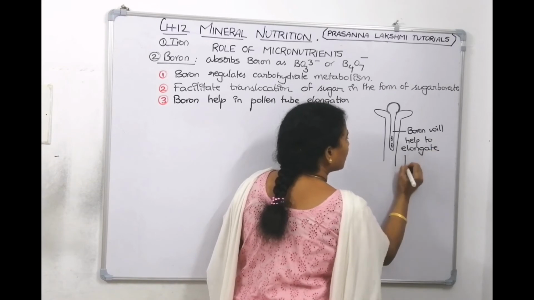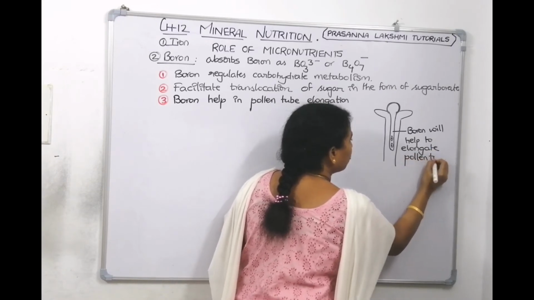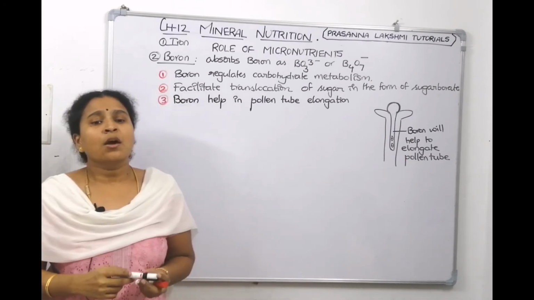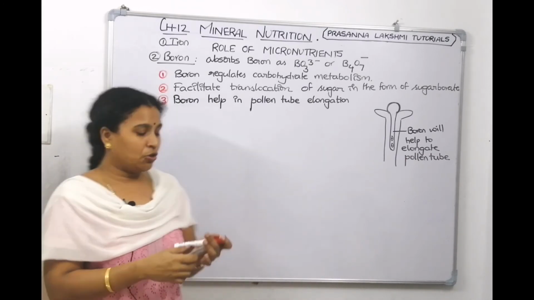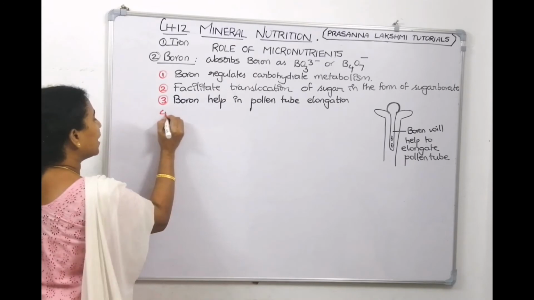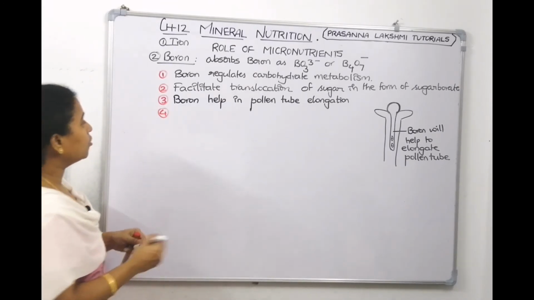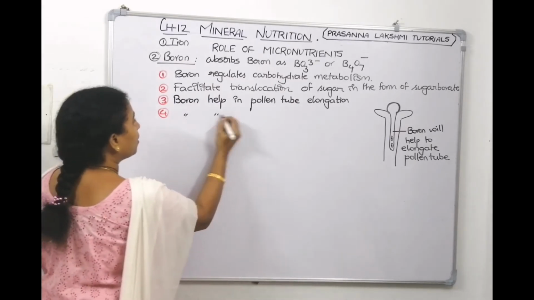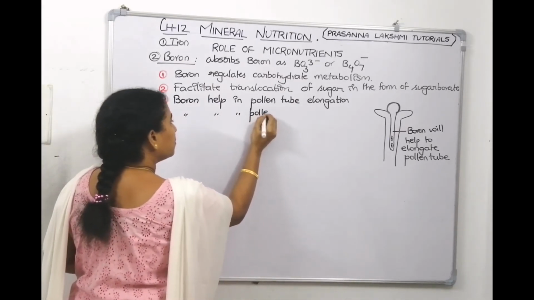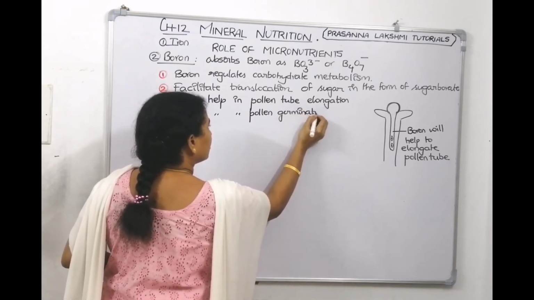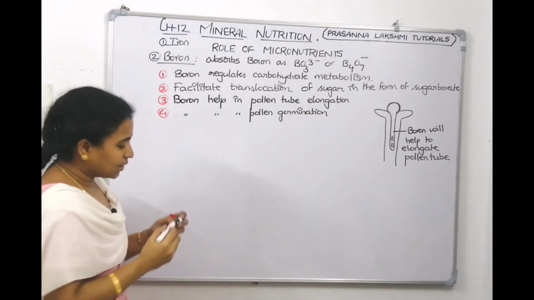It helps to elongate the pollen tube. This is the other function. So it helps in pollen germination and pollen tube elongation. We can write that boron helps in pollen germination also. Right? So that is another function.